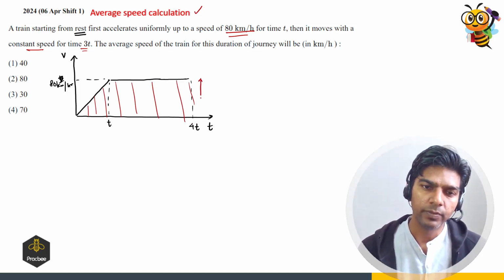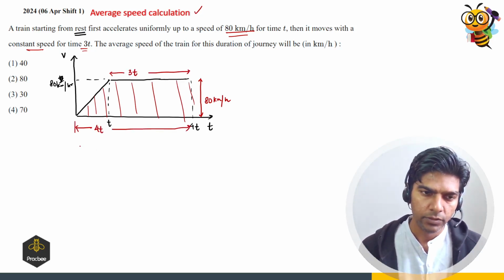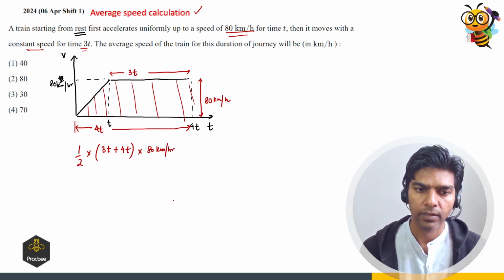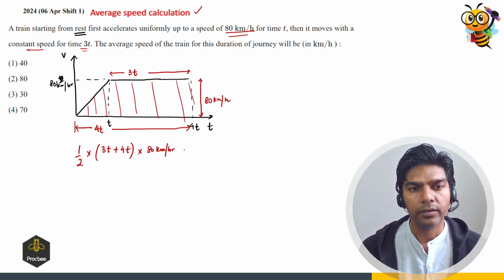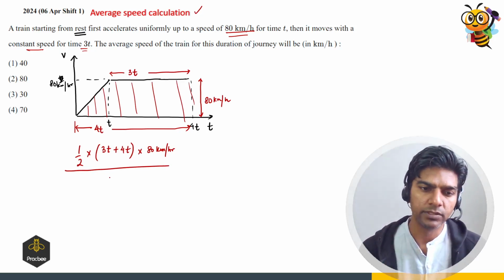Now the distance between the parallel sides is 80 kilometers per hour, and the parallel sides are 3t and 4t. So it will be half times the sum of parallel sides, so 3t plus 4t, times the distance between parallel sides, which is 80 kilometer per hour, and divided by the duration, which is 4t. So this is the total displacement divided by the duration.